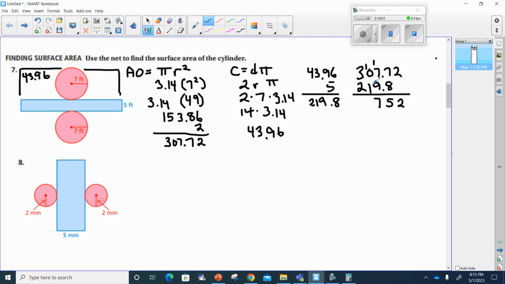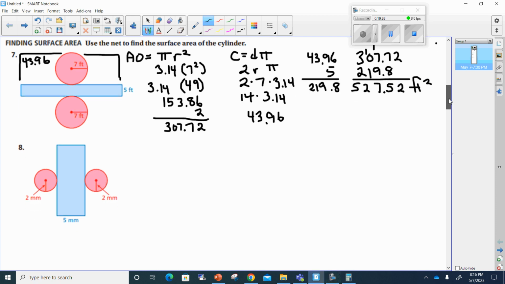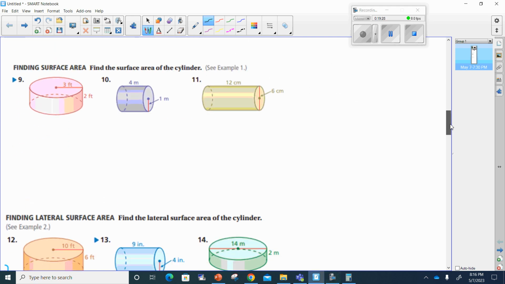I've got 1 plus 1, that's 2. And then 3 plus 2, that's 5. And remember the decimal came down right here. My answer should be 527.52. Since this is feet, it will be feet squared. And that's the answer to number 7, 527.52 square feet. All right, let's go to number 9 now.